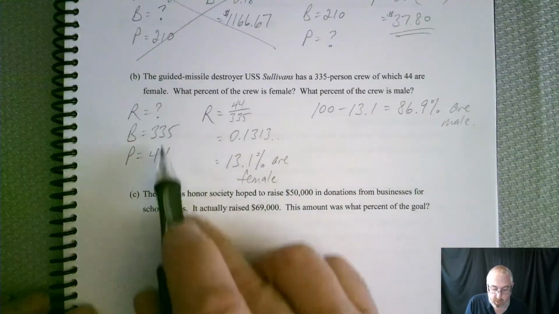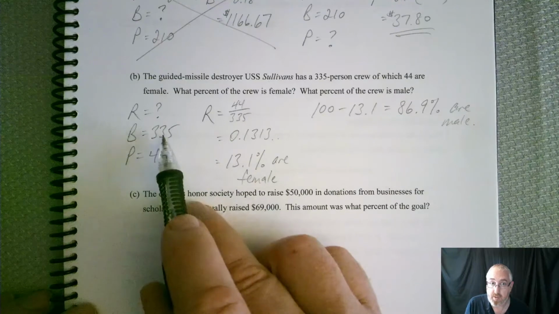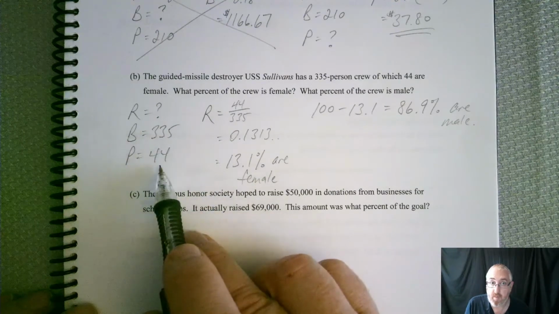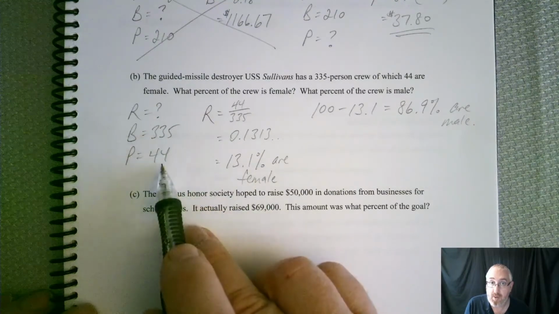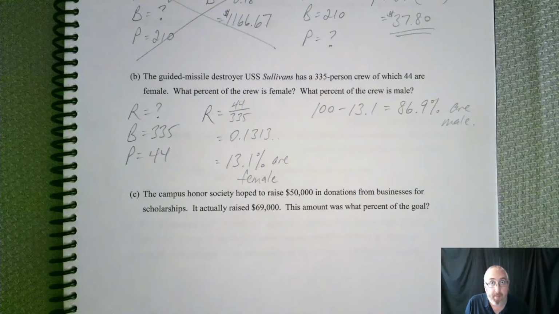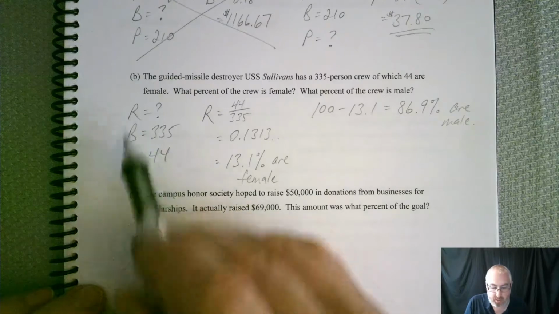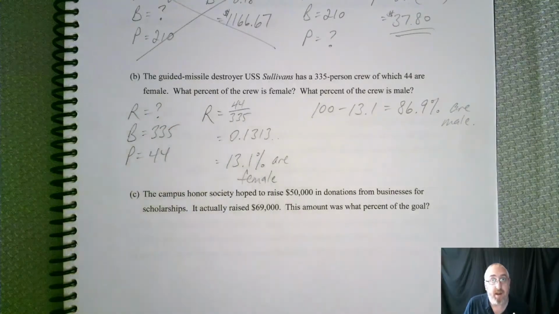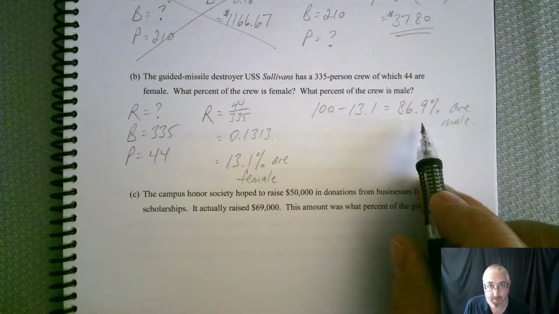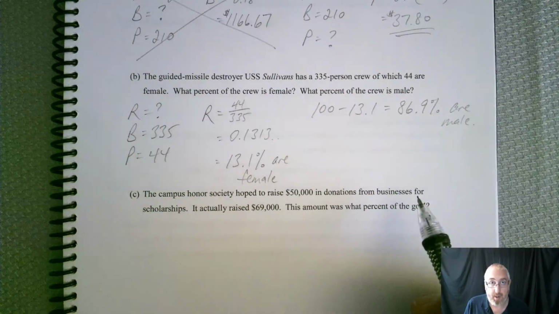Well, we could go back to the numbers. We know there's a 335 person crew, 44 of them are female. We could subtract those and figure out the actual number that are males. And then we could go through the process and use our PBR again to find the percentage for the men. It's going to be the same result though, so I'm going to skip that work.